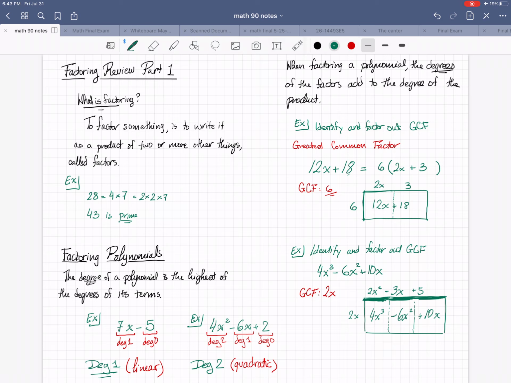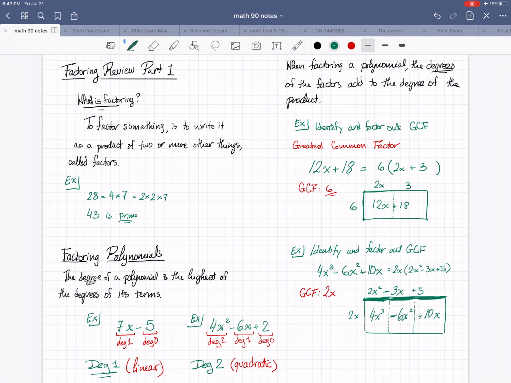Since we need the middle term to be minus 6x squared, we are saying it's going to be 2x times negative 3x. So signs are very important in the factoring part. So we have 2x times 2x squared minus 3x plus 5.